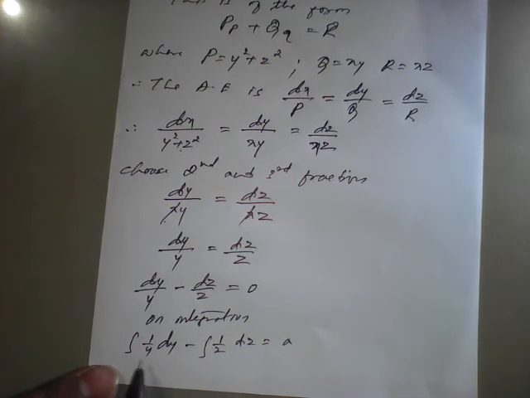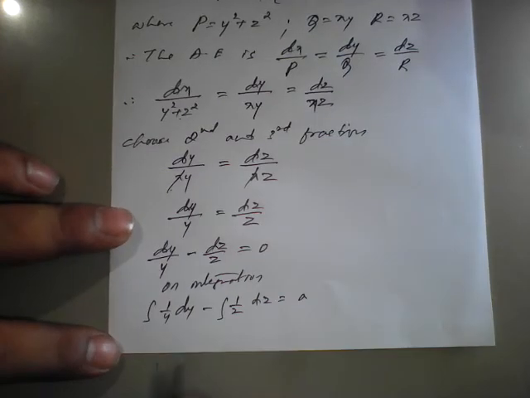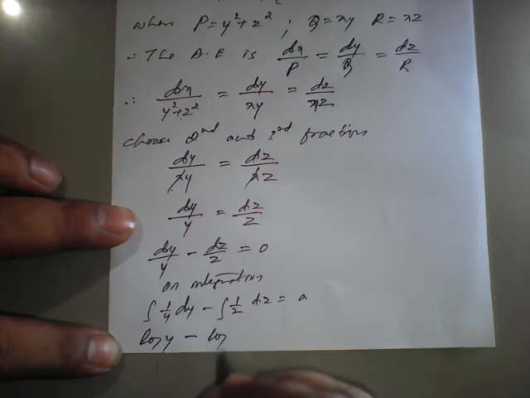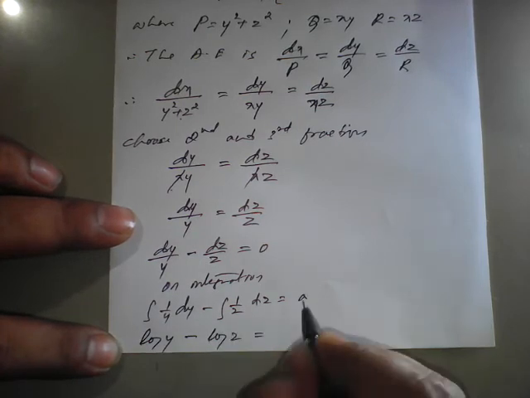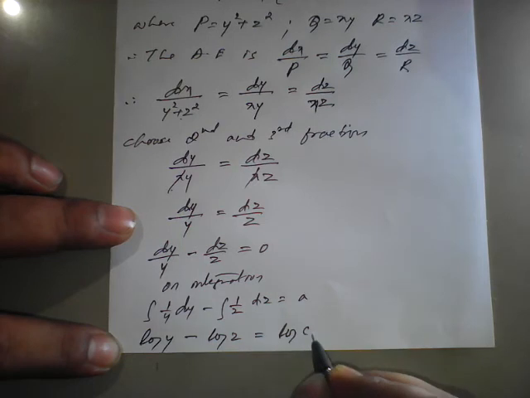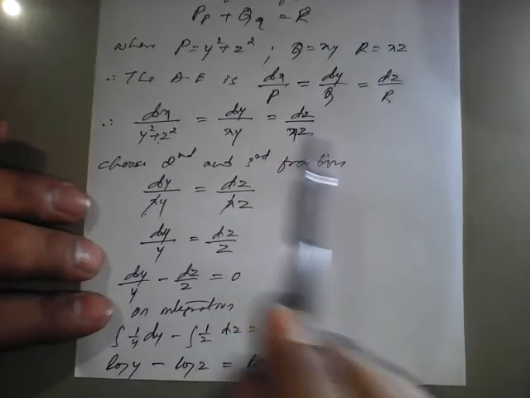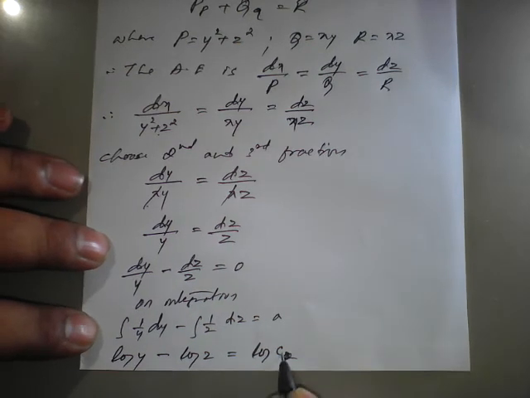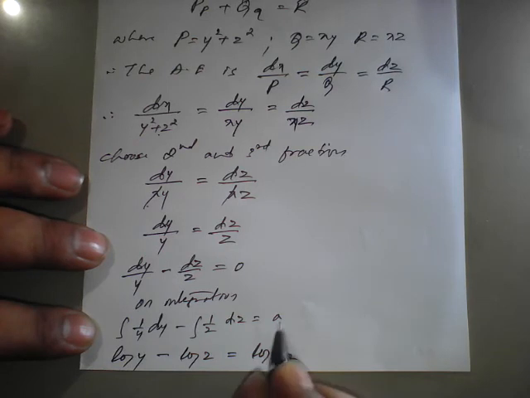Okay. So on integration, what is integration of 1 upon y? It is log y, minus integration of 1 upon z is log z, is equal to, here I will take log of c2, because already I have taken log of c1. So all log, so that's why a can be written as c1. So we'll simplify.